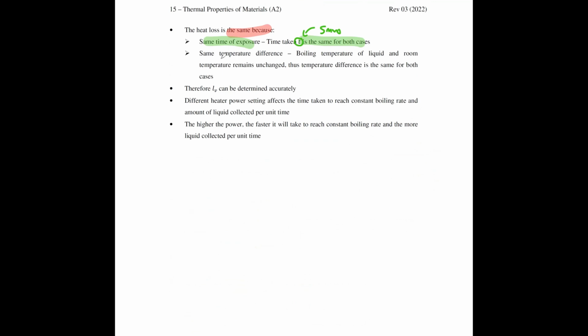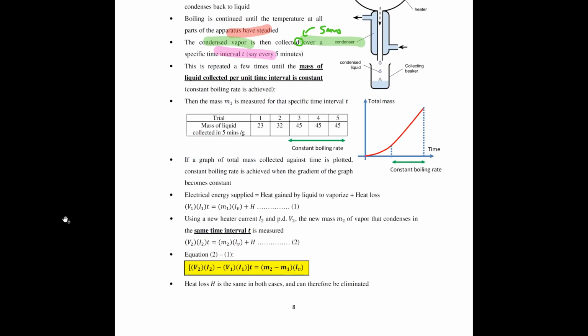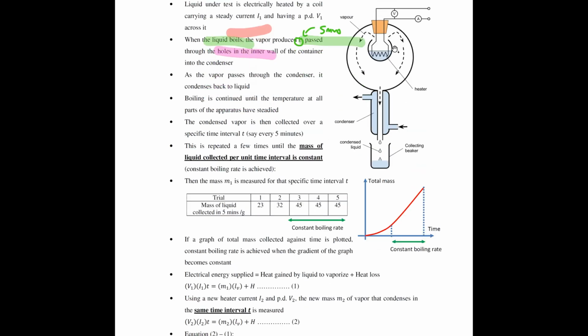And also you had the same temperature difference when you were conducting the experiment. Because you see, let's assume that this one is water. You're trying to find the specific latent heat of vaporization of water. When your water boils, it will be at 100 degrees centigrade. This one will be at a constant temperature because it's at boiling point. And then assuming that you're conducting it in some reasonably cool room, maybe this one is 25 degrees centigrade. When you did this experiment, you did it twice using two different power settings.